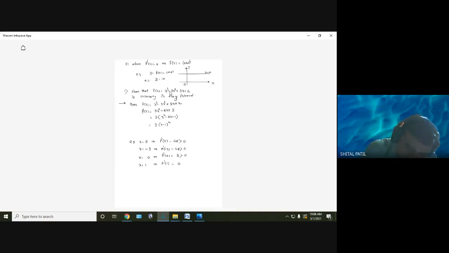So f dash of x greater than 0. Therefore the function is increasing in every interval. Understood or not?